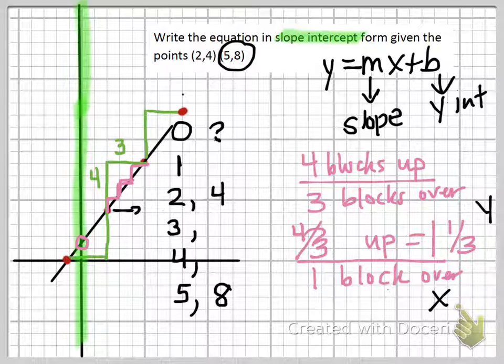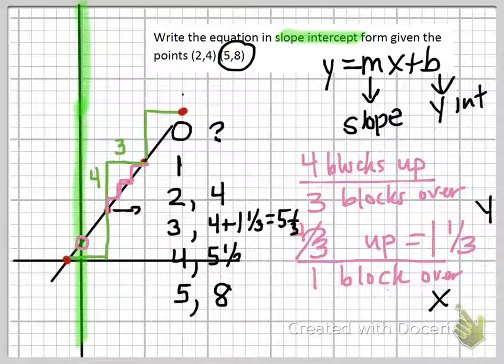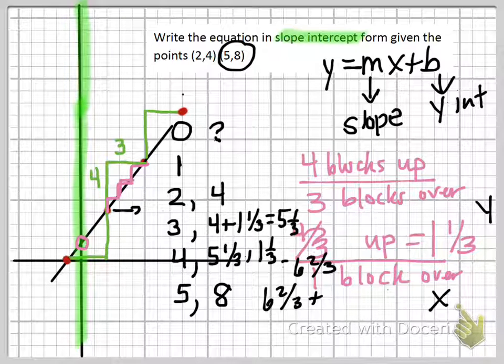So at 3, I should be at 4 plus 1 1/3, which is 5 1/3. At 4, I should be at 5 1/3 plus 1 1/3, which is 6 2/3. And at 5, I should be at 6 2/3 plus 1 1/3.